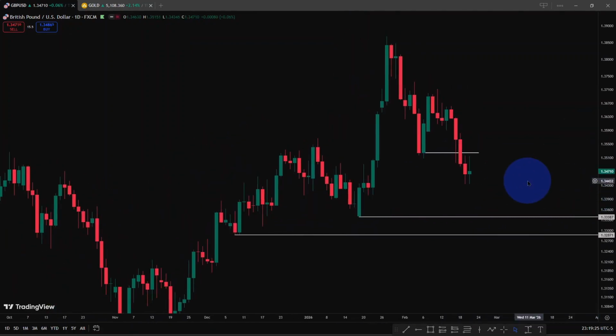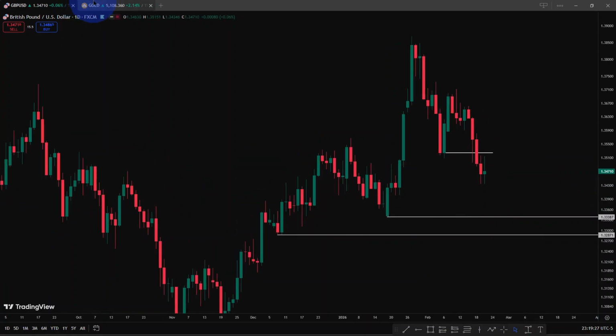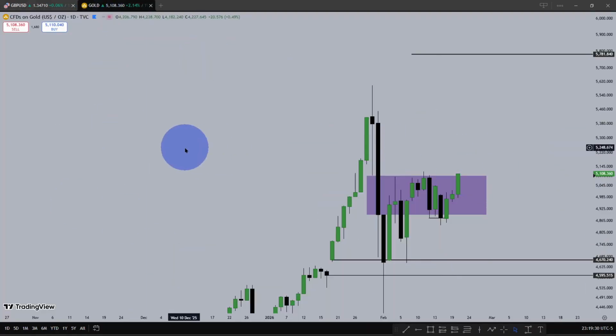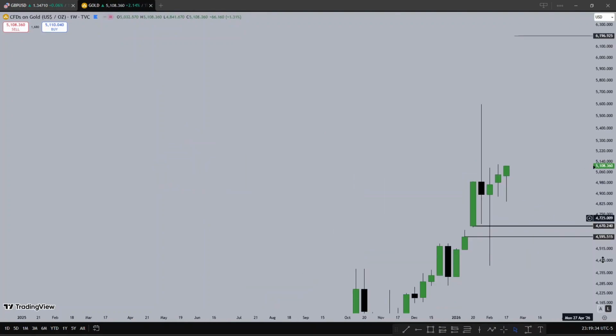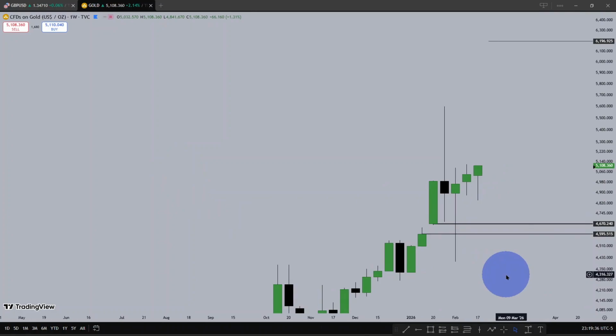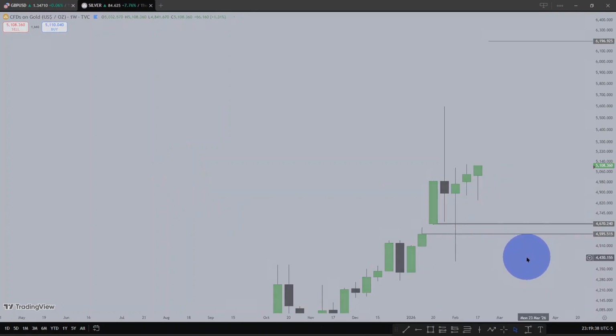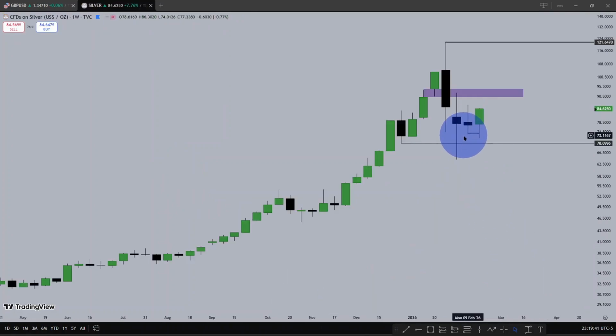So yeah, I'm going to talk about gold this week, and last week I talked about gold on my Discord, and silver, talking about how we could see the markets take out sell side liquidity here.